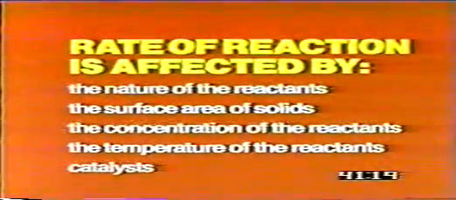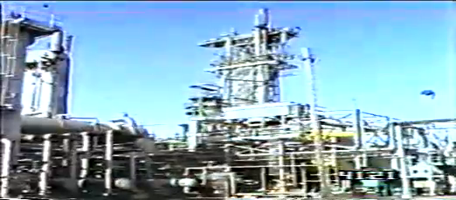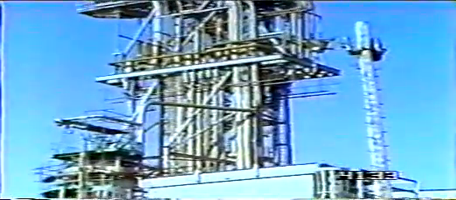We can see most of these factors at work in a large industrial process. This plant manufactures ammonia by the Haber process. The Haber process depends on a simple chemical equilibrium between nitrogen, hydrogen, and ammonia. Nearly 80% of the air is nitrogen gas, relatively inert at low temperatures.